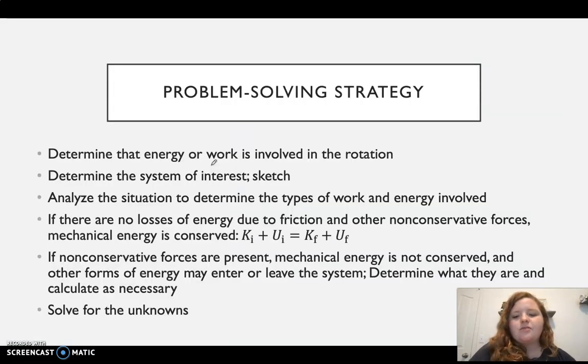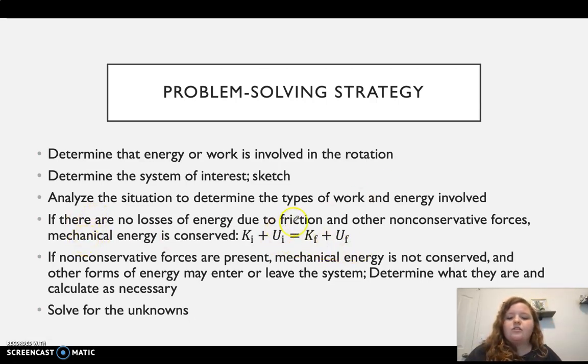Now, here's a problem-solving strategy for these types of problems. We first want to determine that energy or work is involved in the rotation. Then determine the system of interest, make a sketch like we have done in the past. Analyze the situation to determine the types of work or energy involved.